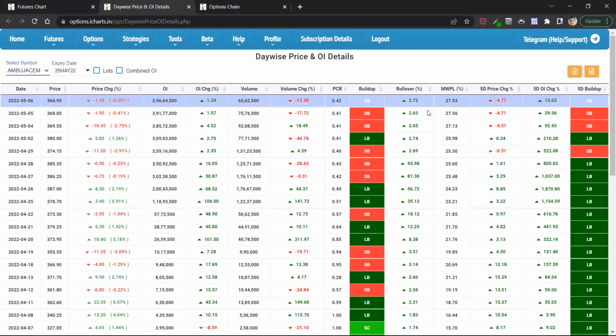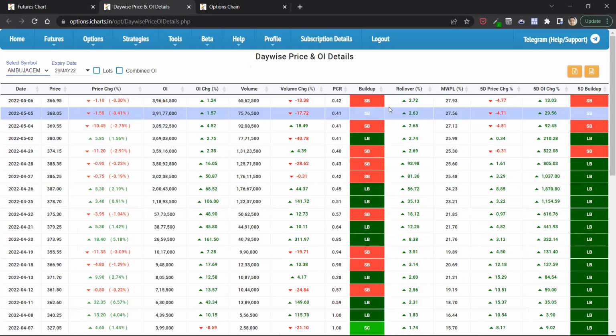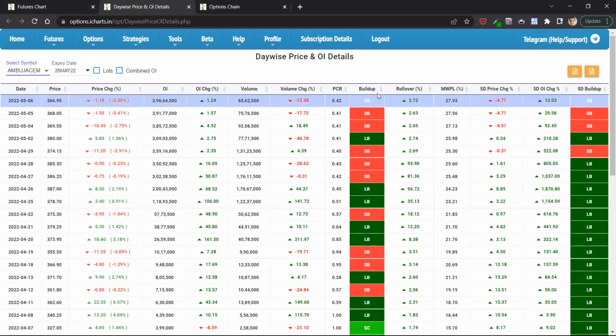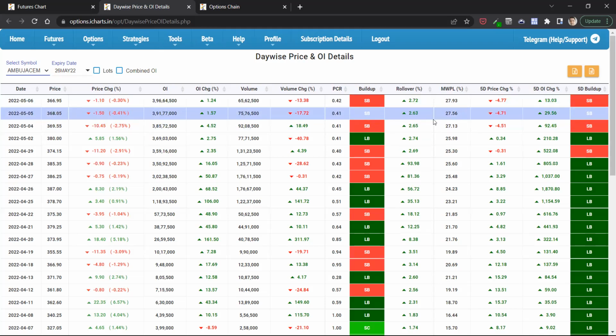So these two columns have been added. The rollover scan itself is coming. This shows you rollover for a particular script, but for all scripts as a whole, we are coming out with another new scan that is going to be added under futures very soon. But this is available at the moment.